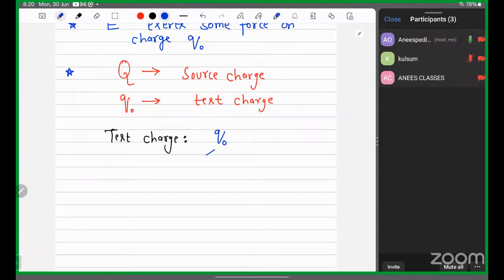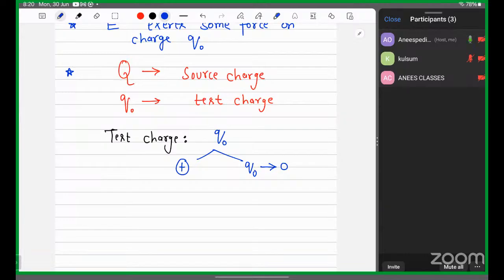And the first point is this test charge is of positive polarity. And the second important point is this is a positive polarity charge whose magnitude is very small. So Q naught is tending to 0. Q naught is not 0, but Q naught is tending to 0, which implies that its magnitude is very, very small.